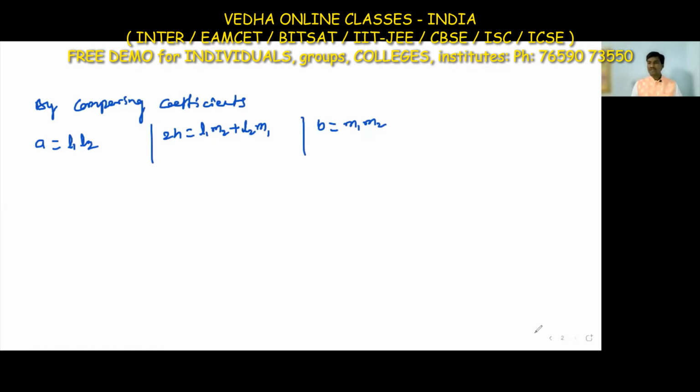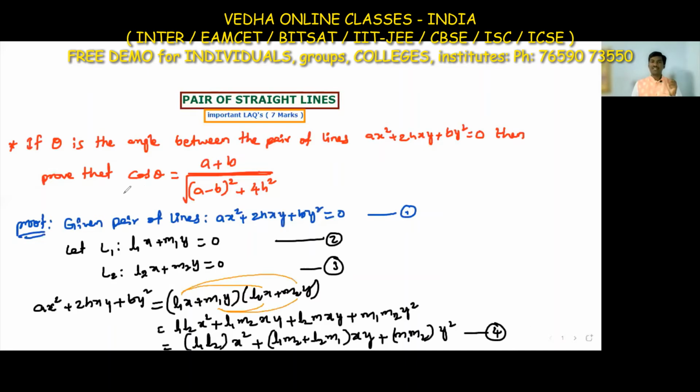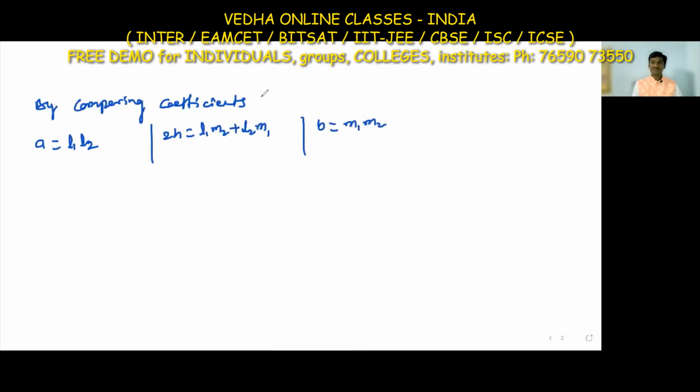What is asked here is the angle: if theta is the angle between the pair of lines. So given that theta is the angle between the lines, equation number 2 and 3.